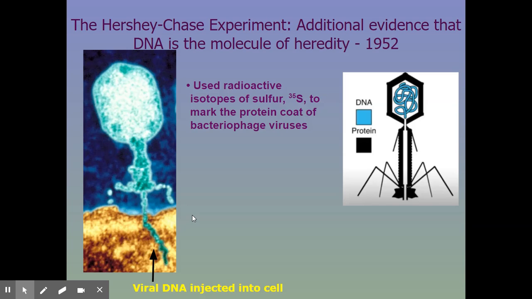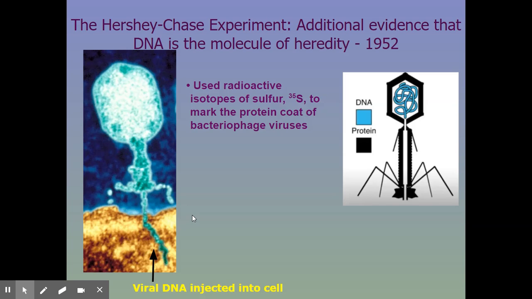Hershey and Chase utilized this information, and basically what they did is that they grew one series of viruses in a solution that contained radioactive isotopes of sulfur. And this is important because proteins contain sulfur, DNA does not, whereas DNA contains phosphorus and proteins do not contain phosphorus.